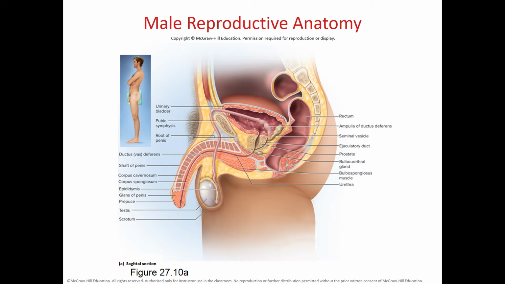Now, below the corpora cavernosa, we have a single cylindrical structure that is called the corpus spongiosum. The corpus spongiosum enlarges at the end of the penis, the distal end, that we call the glans of the penis. And then within the corpus spongiosum, we have the last portion of the urethra that is called the spongy urethra.